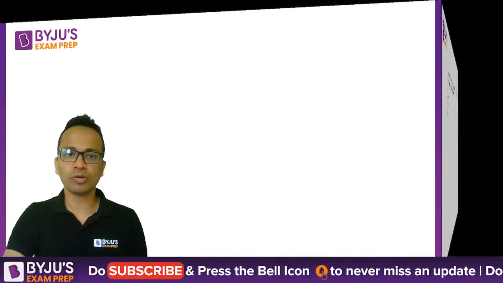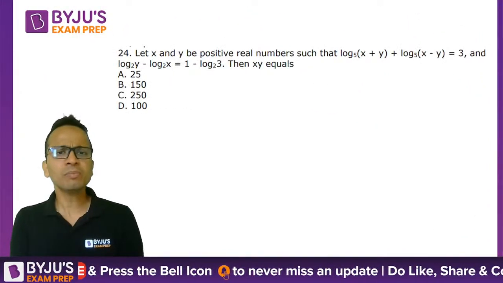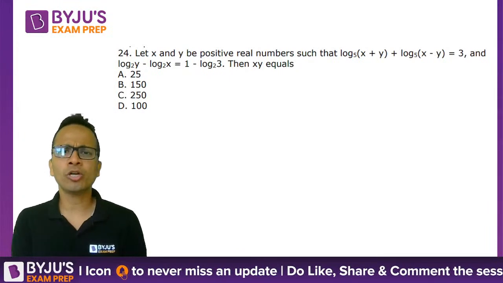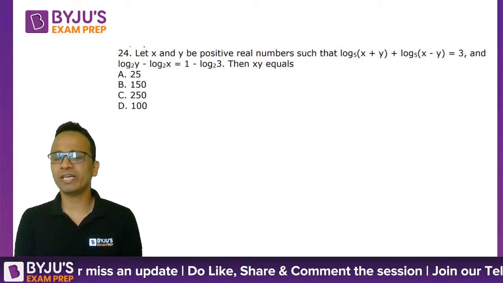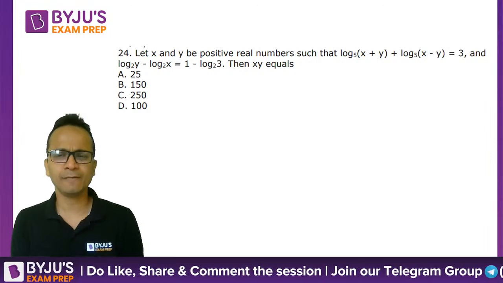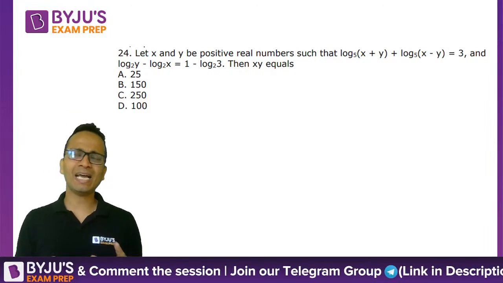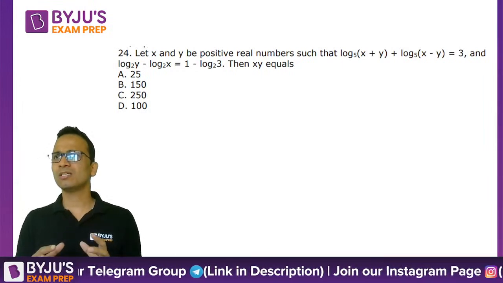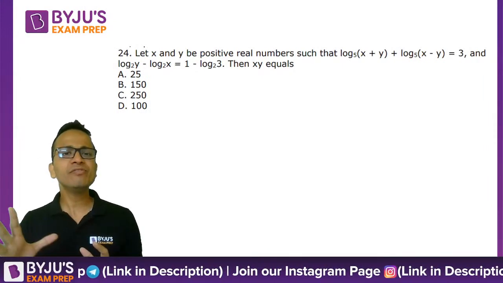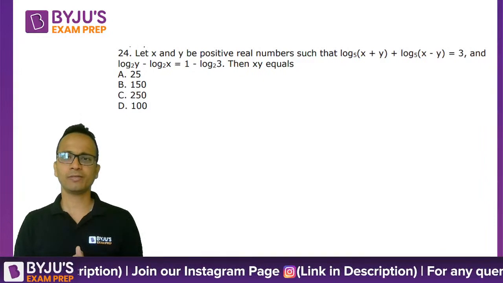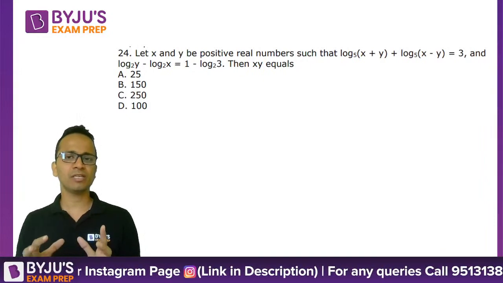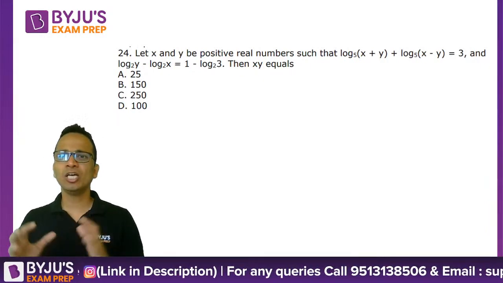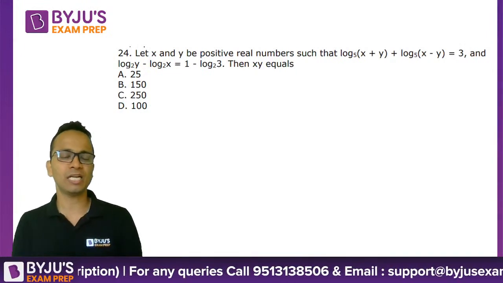Question number 24. Now question number 24 is a question on logarithms. Generally we feel that logarithms is a difficult chapter. A trend I have seen among the students is that most of them try to leave the topic of logarithms altogether without even thinking about the fact that a very easy question can come from logarithms.